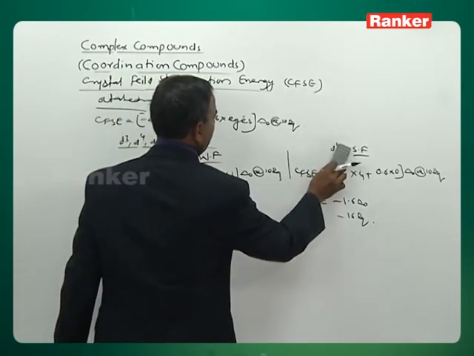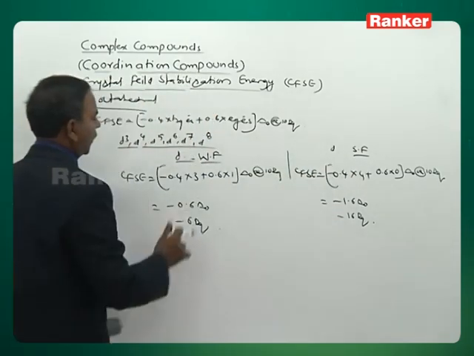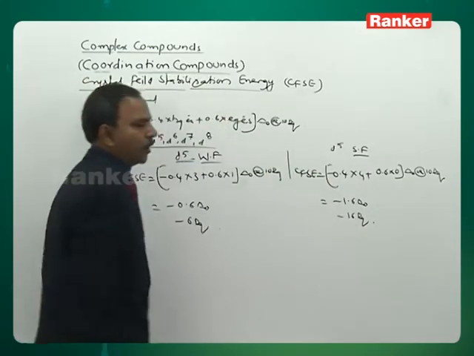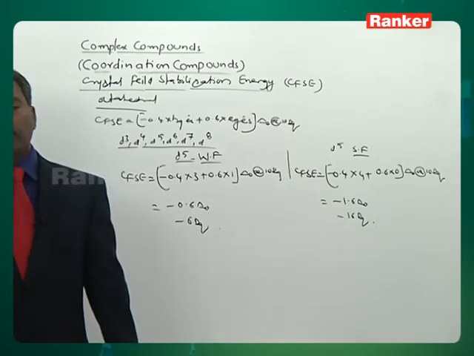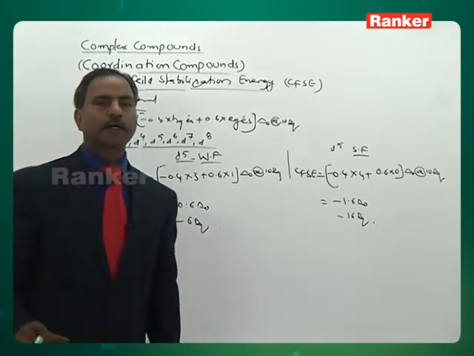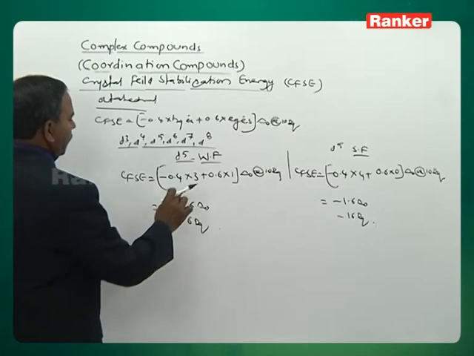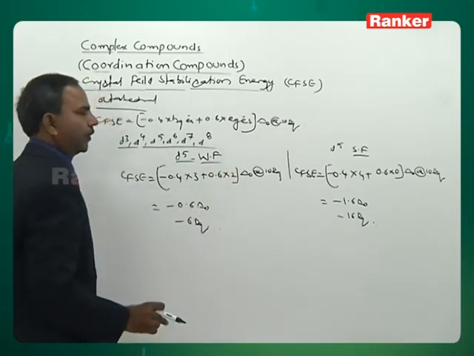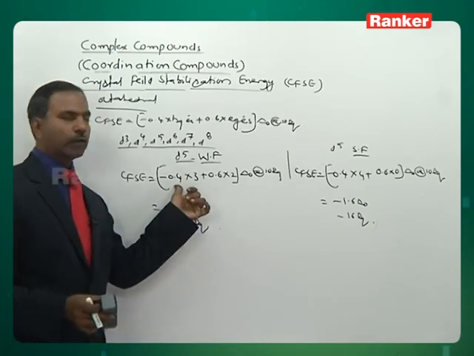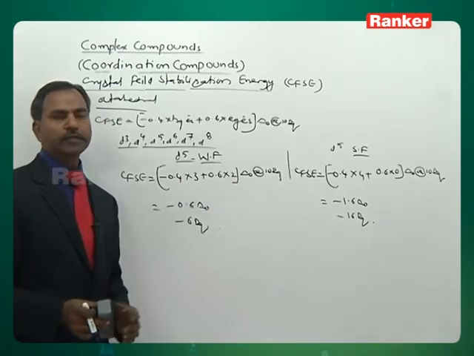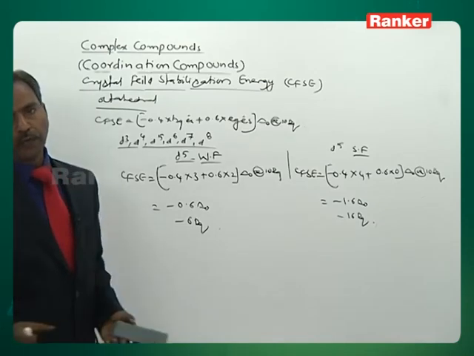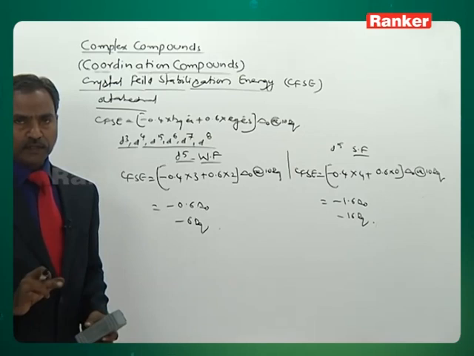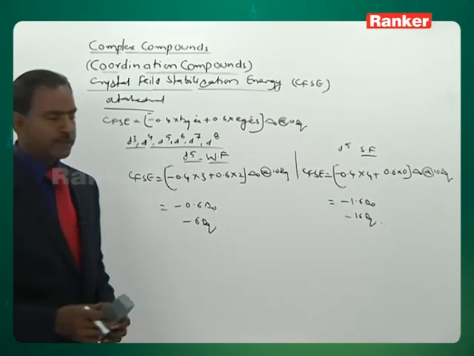D5 electronic configuration. For d5, again check the distribution of electrons. In the weak field it is t2g3 and eg2, 3 and 2. Look here, 3 into 4 is 12, and 2 into 6 is also 12. Then the CFSE value for d5 in the weak field case comes to be 0.